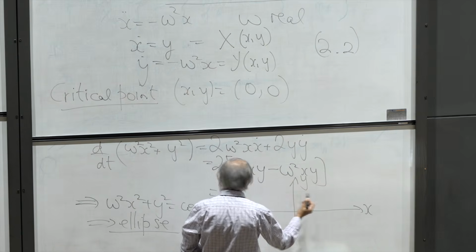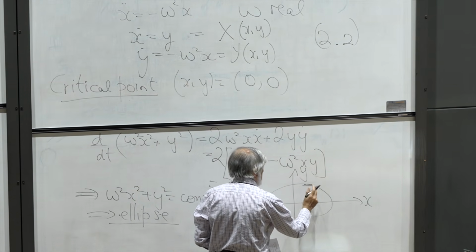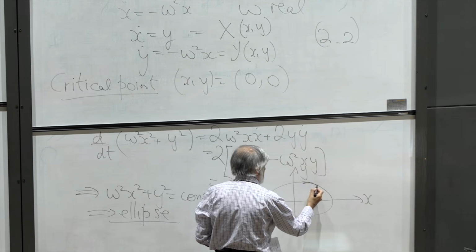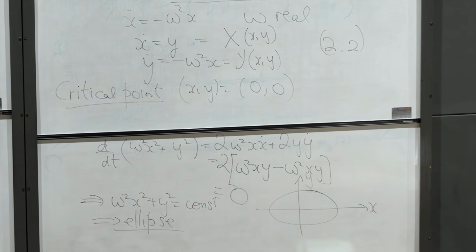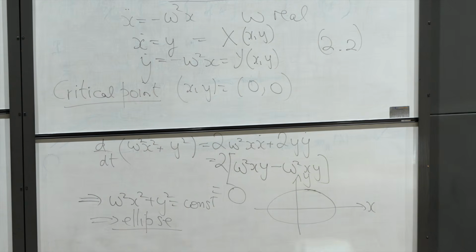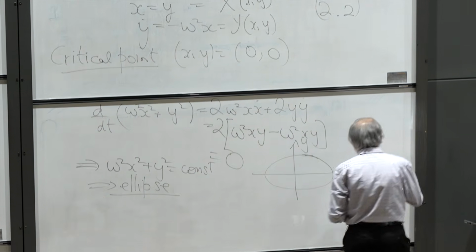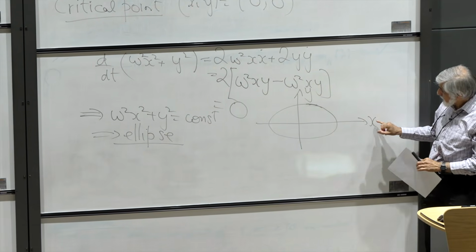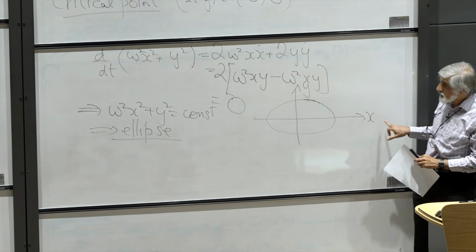So it would be something like that. And of course, you could just solve that straight away. It's cos omega t plus sine omega t. Okay. So now you might be asking the question, why am I sort of obsessed with trying to draw this phase plane?